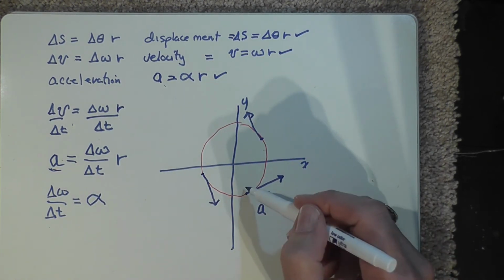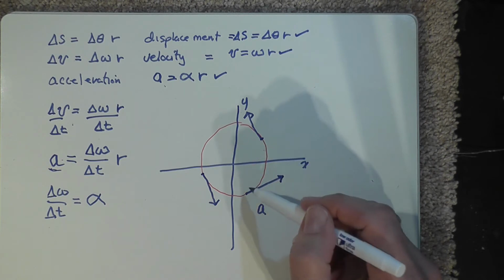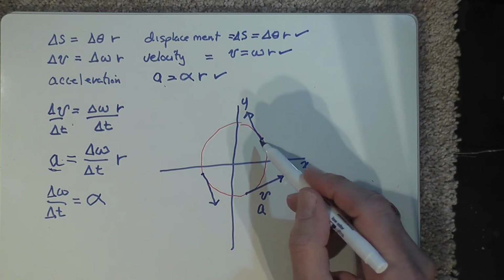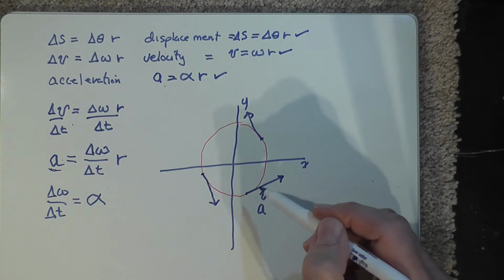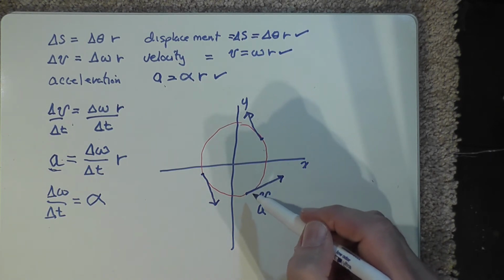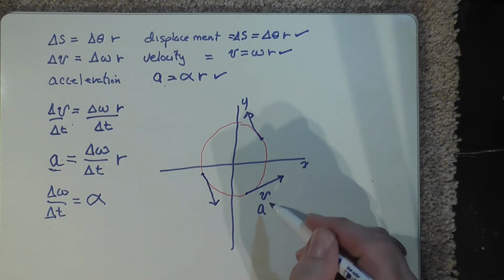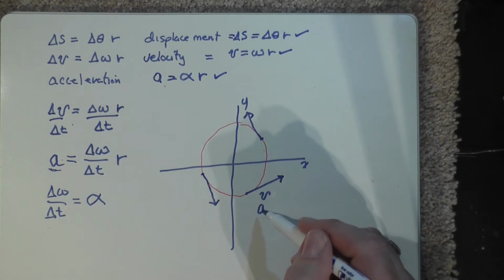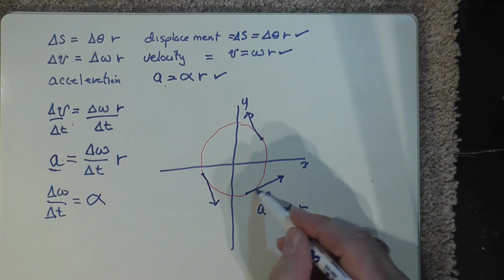The angular acceleration is, again, the acceleration of how many rads we are moving or accelerating through a certain distance. So if we're talking about acceleration in terms of a equals alpha r, okay, then this alpha is not a vector.